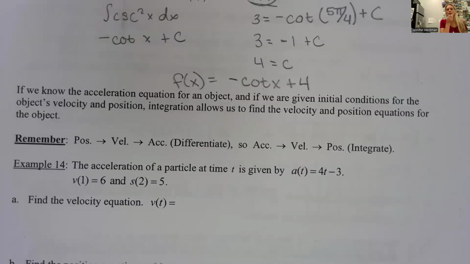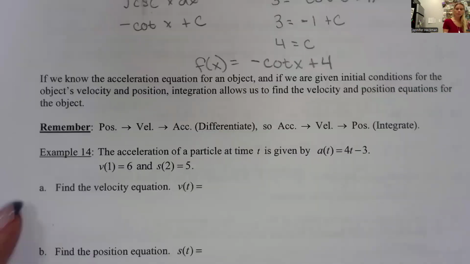Okay, let's see what notes they're giving us here. If we know the acceleration equation of the object, and if we are given initial conditions, so in other words, when t is 0, velocity is this, or when t is 0, we're in position this, integration allows us to find the actual velocity and position equations for the object because we're solving for c.